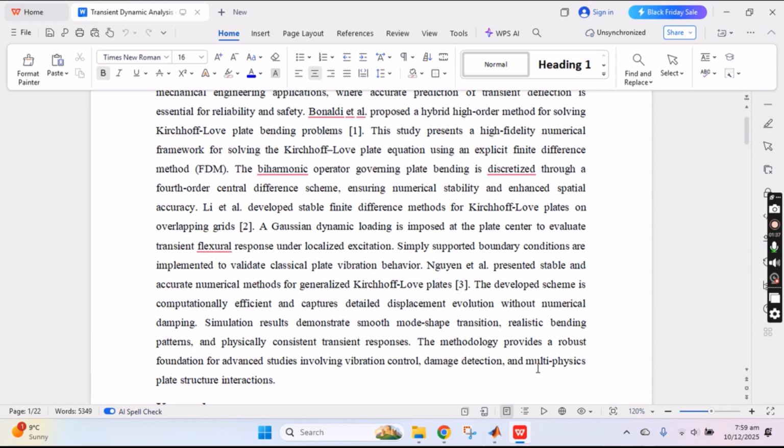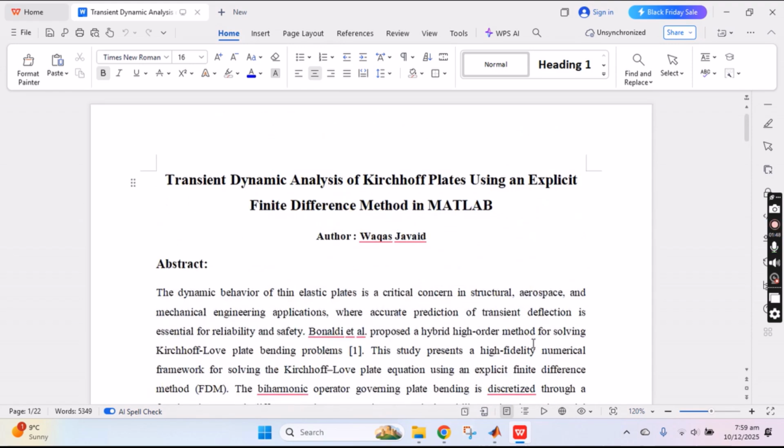Nine was one of the scientists who presented stable and accurate numerical methods for the generalized Kirchhoff's-Love plate.